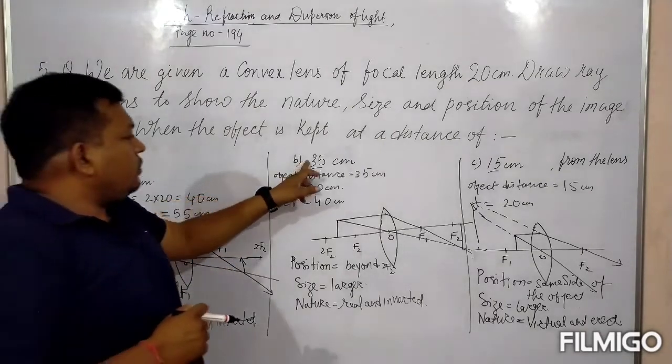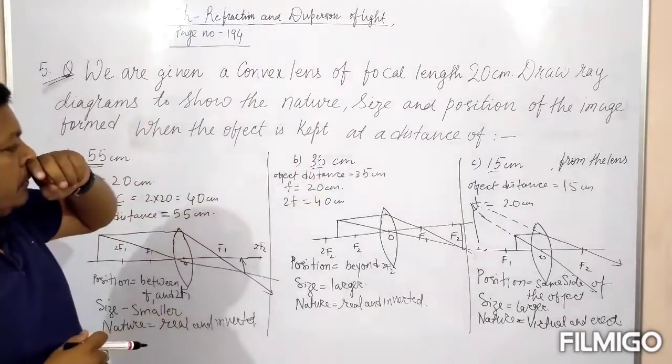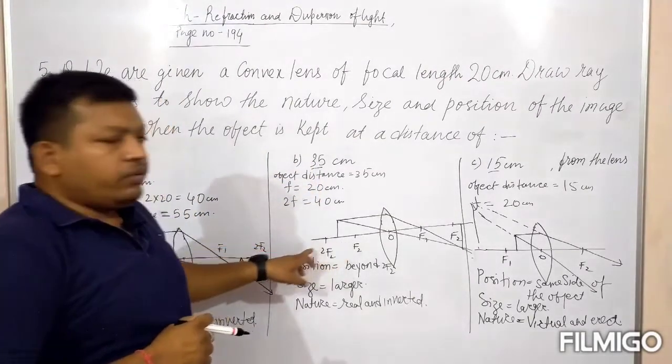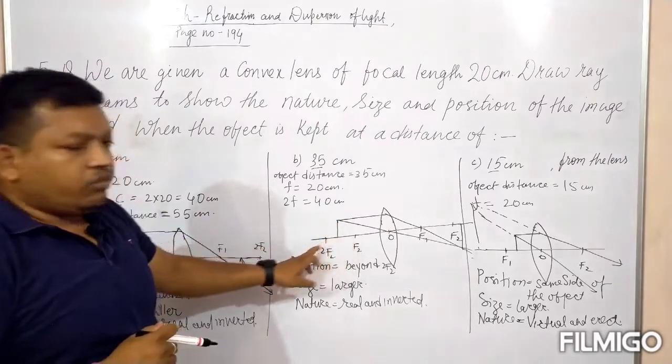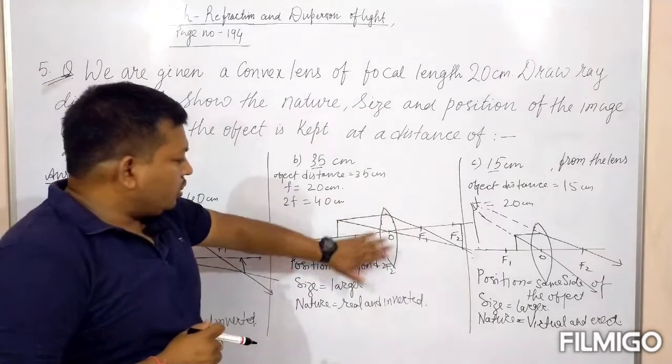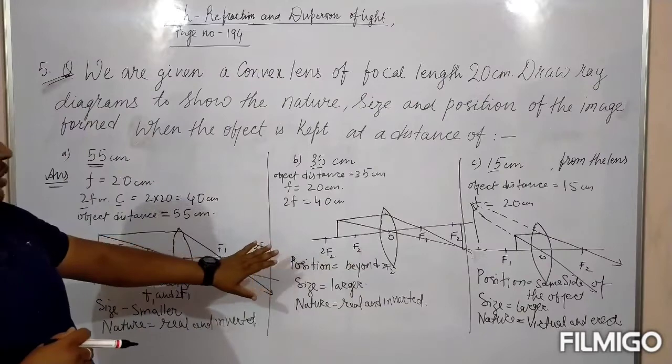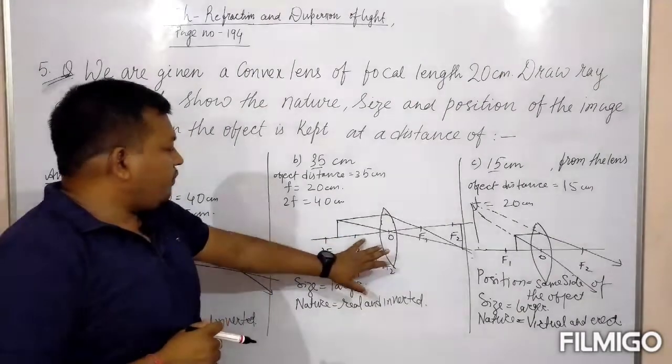Secondly, at 35 centimeter, the object is between F and 2F, that is, between the focus and the center of curvature. So we will use the characteristic of the image when it is kept between F and 2F.